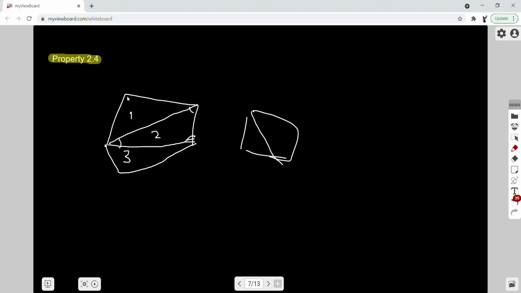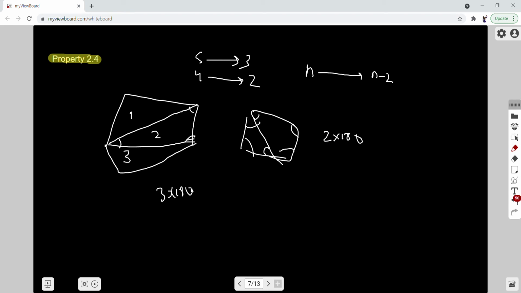So if it has 5 vertices, we were able to divide into 3. If you have 4, we were able to divide into 2. So if you have n, we would be able to divide into n minus 2. And we have 2 triangles here. So if you add all the angles, we obviously have 2 triangles, so it's 2 into 180, and here it is 3 into 180. So generally, when you have n sides, we have n minus 2 into 180, the angle sum.